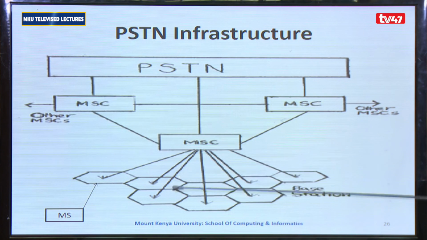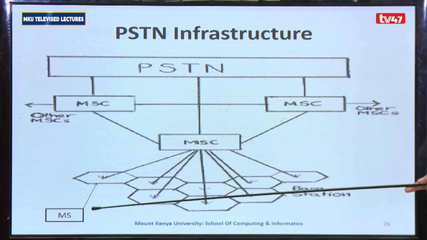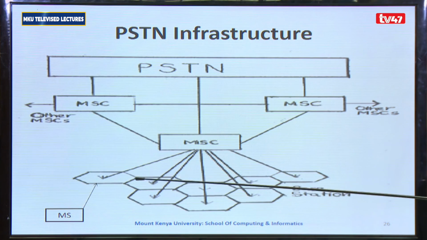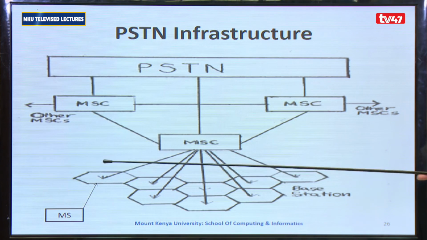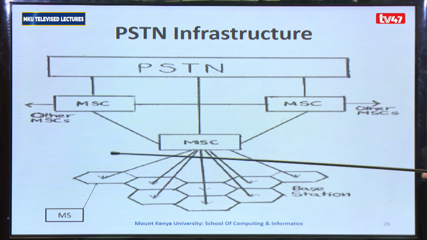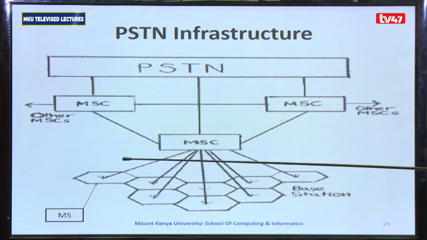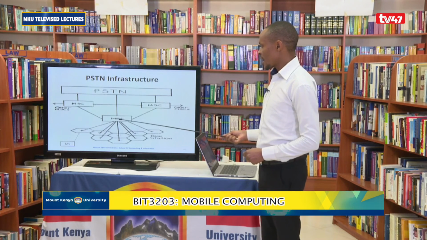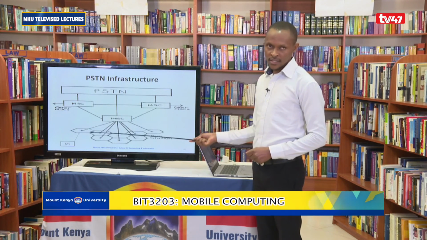Maybe at this point, I may explain this. The moment a mobile station makes a call, a search is done within the base station to know whether the receiver and the caller are within the same base station or within the same area. And if that is the case and the checkup is done at the MSC, which is governing the same base station, then the call is established.